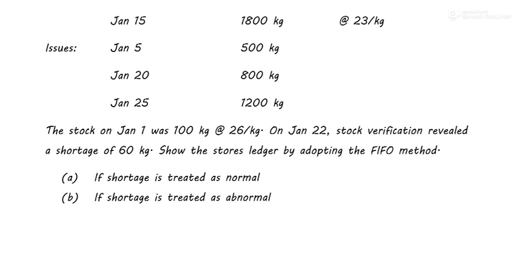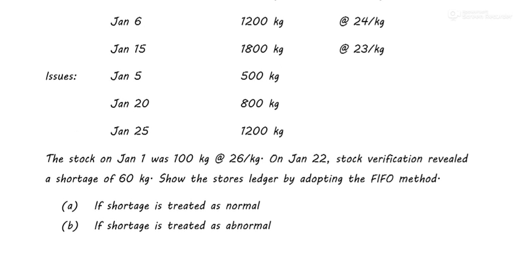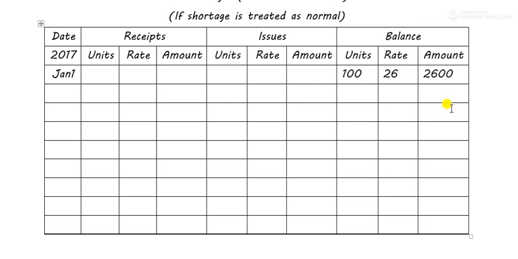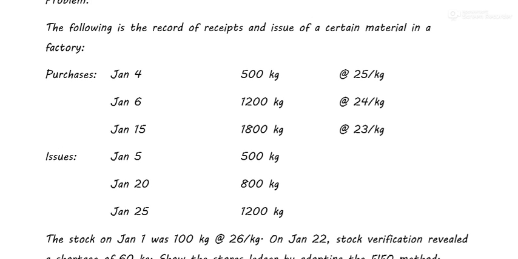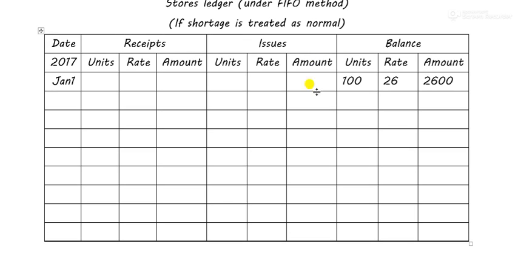The opening stock is 100 kg at 26 rupees per kg on 1st Jan, so the amount is 2600. Now the next date comes, Jan 4. Purchases were made of 500 kg at 25 rupees per kg, which means 12,500.